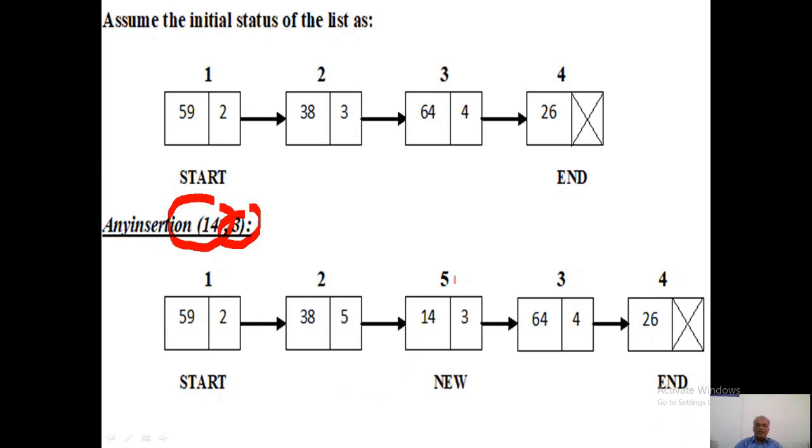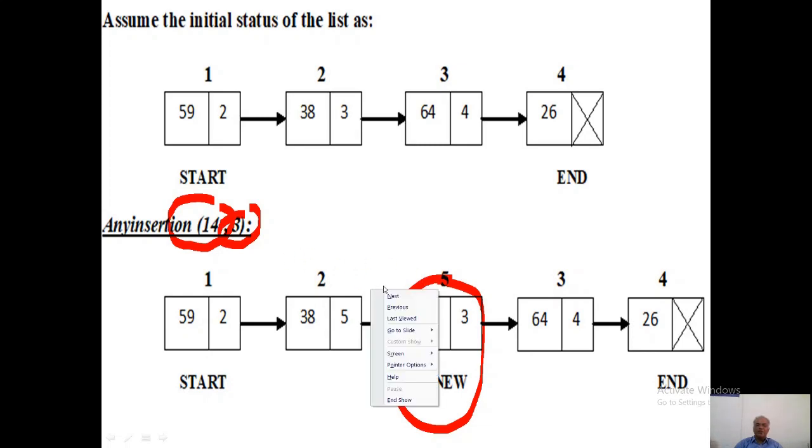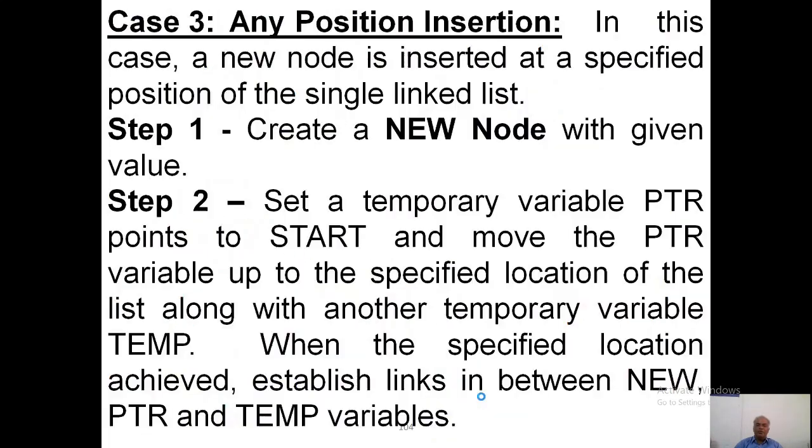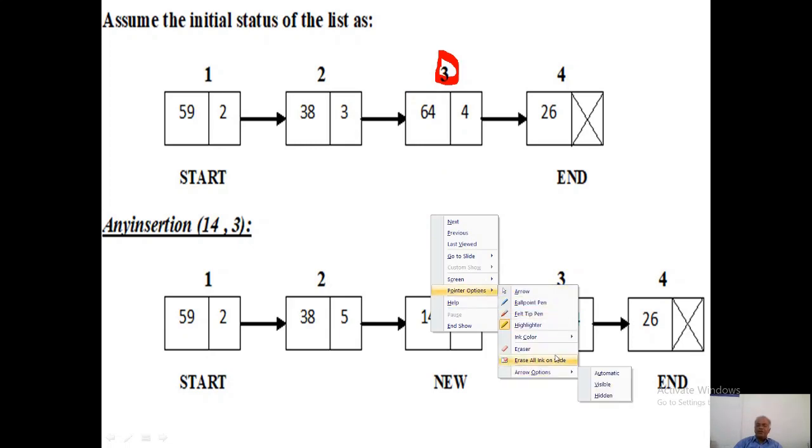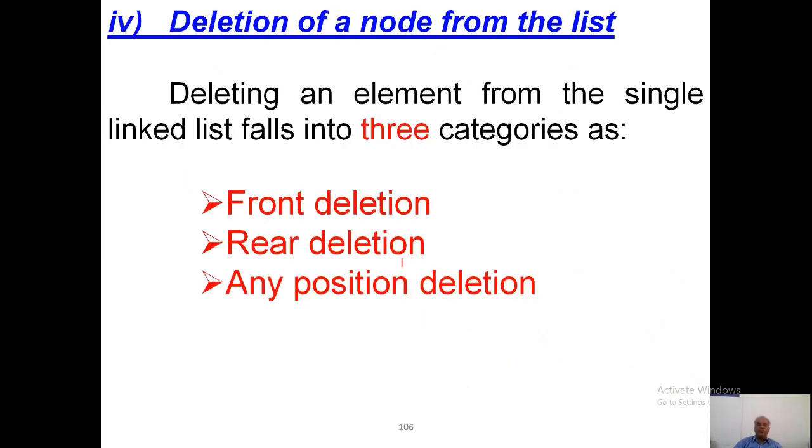So we have to move the pointer from this place to the place where it is available. Set the temporary pointer to start and move the pointer variable up to the specified location. The specified position is 3. You move to the specified position, and then we can insert the element there.